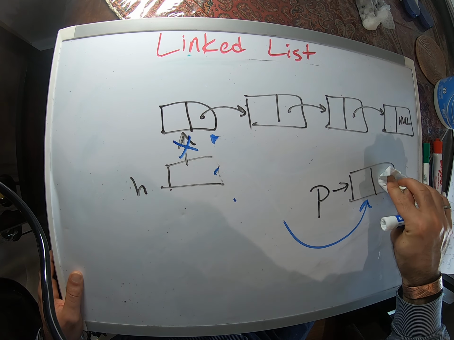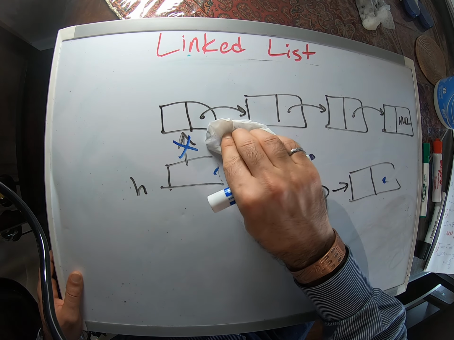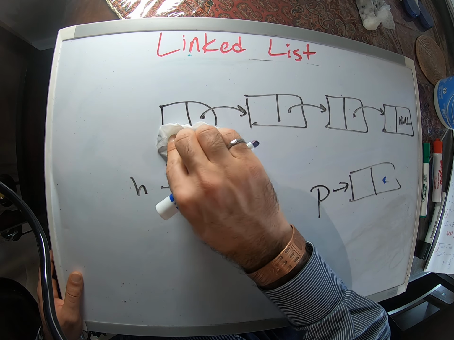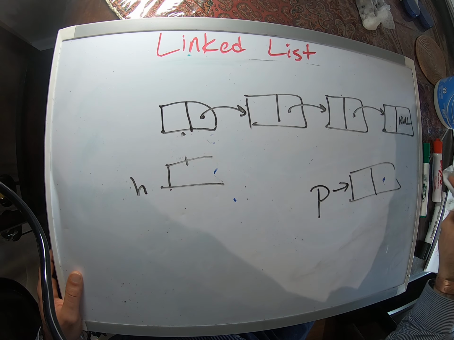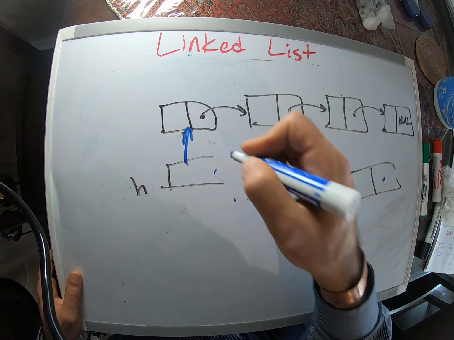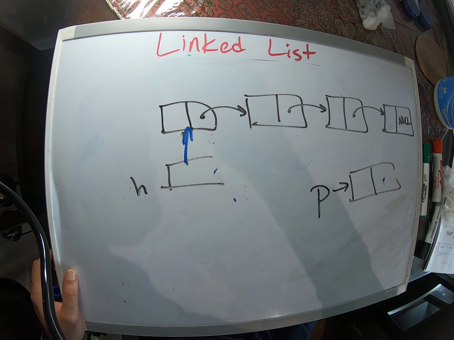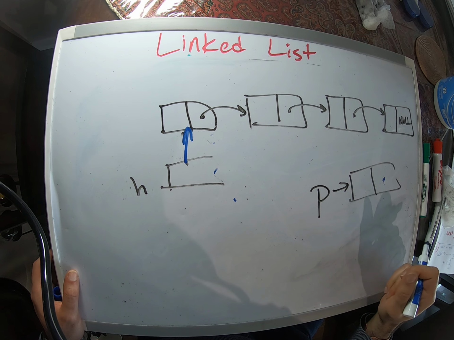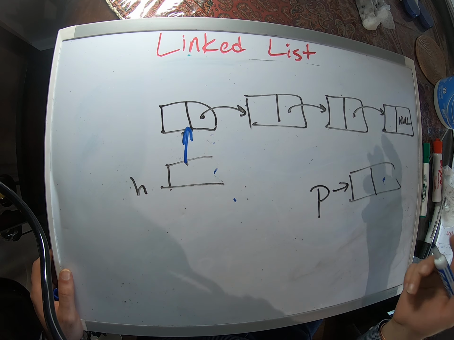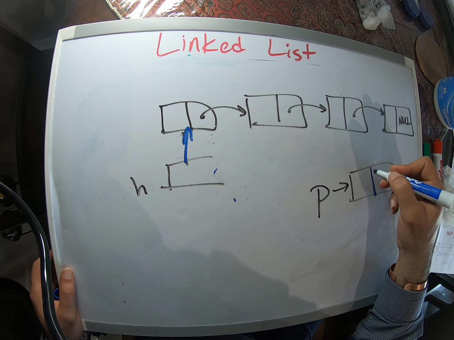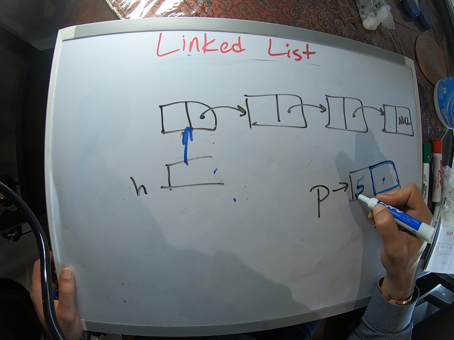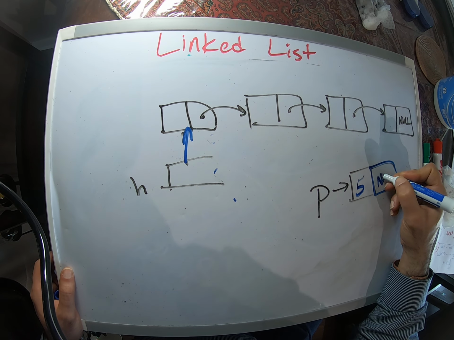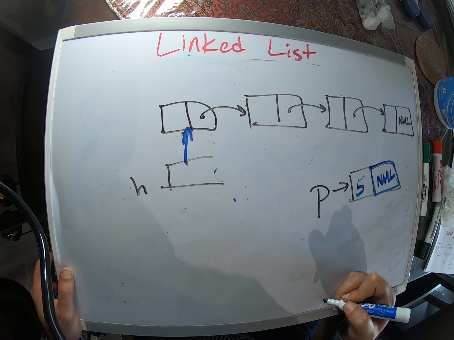What if we want to insert a node at the end of the linked list? Then we already have this one. Let's say the data is already there, and we make this one equal to null.